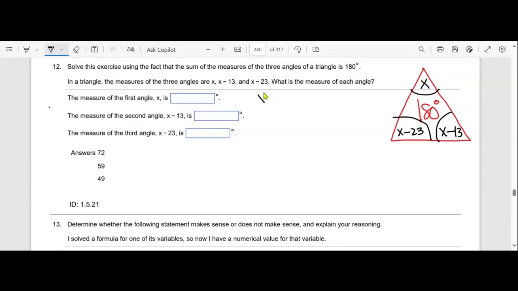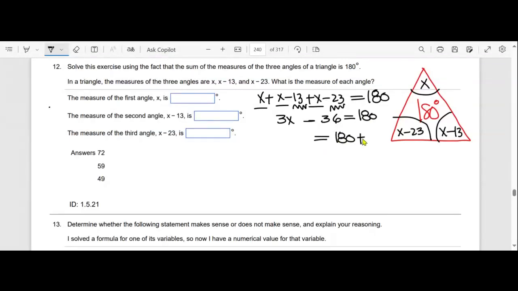So as we know, if you add all 3 angles, it will equal what? 180. Now we're going to combine like terms. x and x and x, how much? 3x. And negative 13, negative 23, negative 36 equal 180.